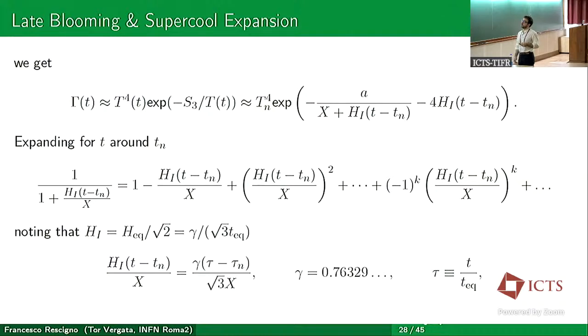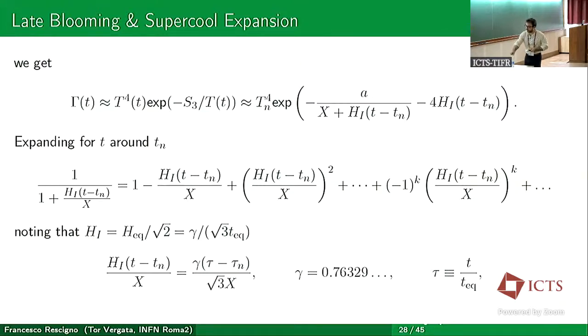It can be shown that this expression here can be written in this form here, where gamma is this number and tau is a dimensionless time with respect to the time of the equivalence. And what we found is that this is typically small.